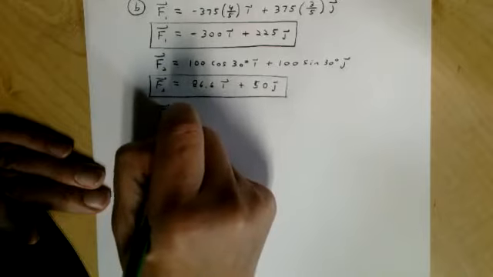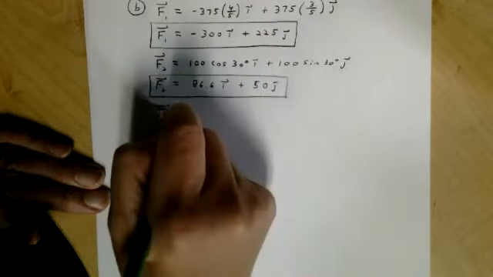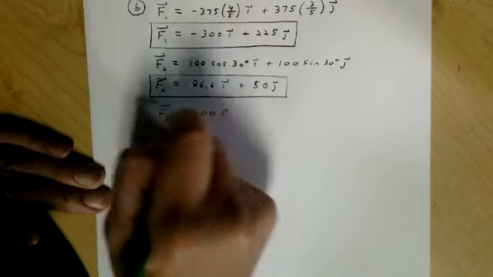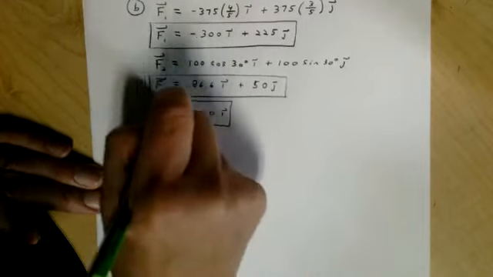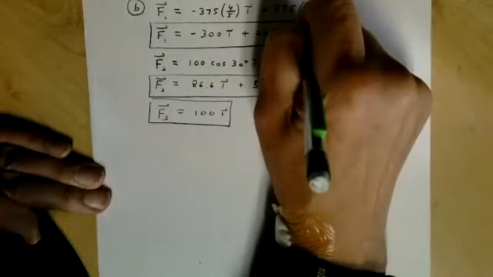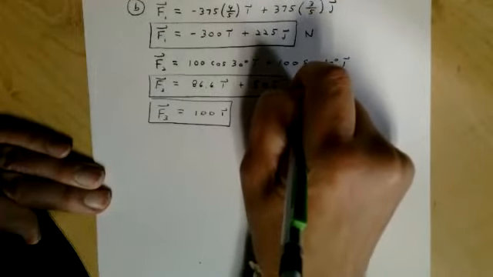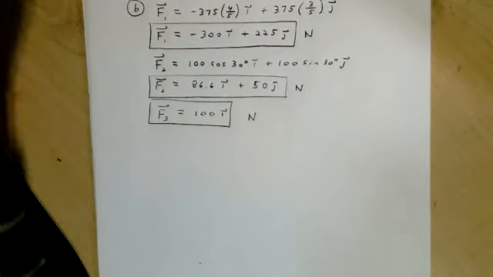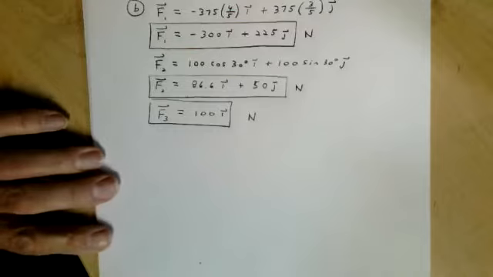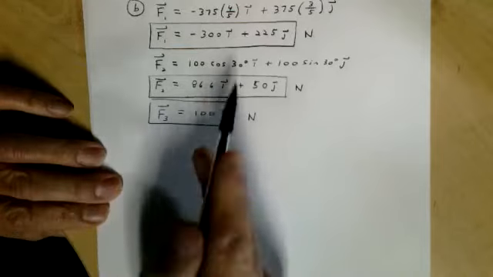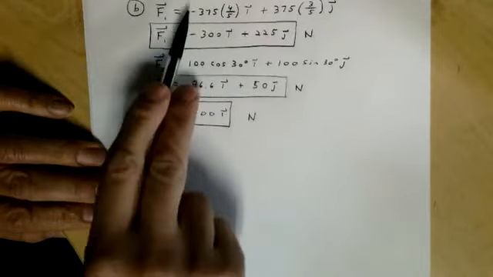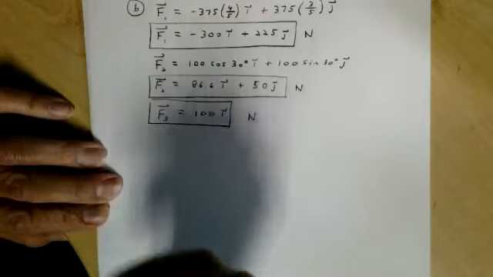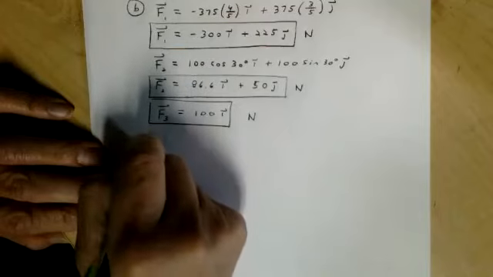So it's going to be 100 I. And these were all given in newtons, by the way. So those would be the first three answers that you'd have in the answer box there. Again, be sure to show all the steps here. Show what you did. And then finally, the resultant is just the sum of all those.